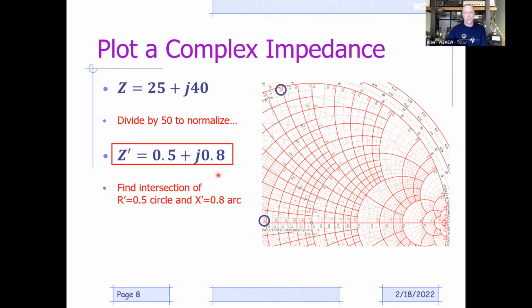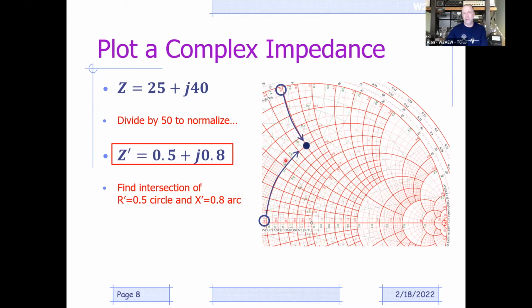So we find the intersection of the constant resistance 0.5 circle and the constant inductance 0.8 arc. Here's our 0.5 circle and here's our 0.8 arc. We look to see where those two intersect, and that point right there represents that complex impedance.